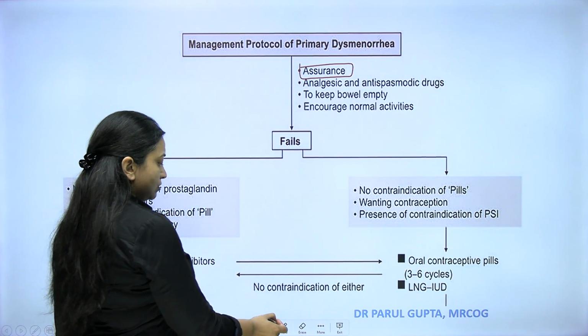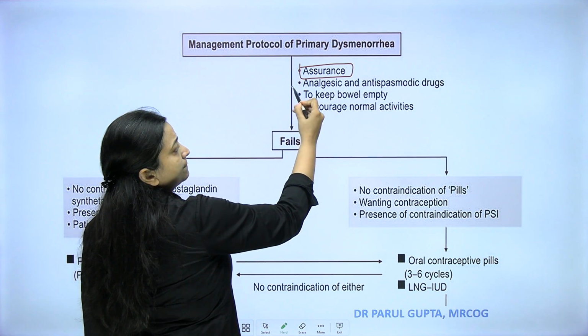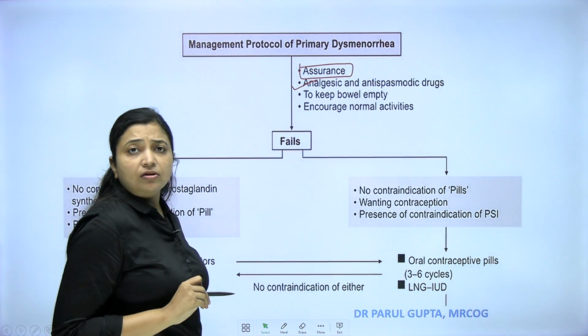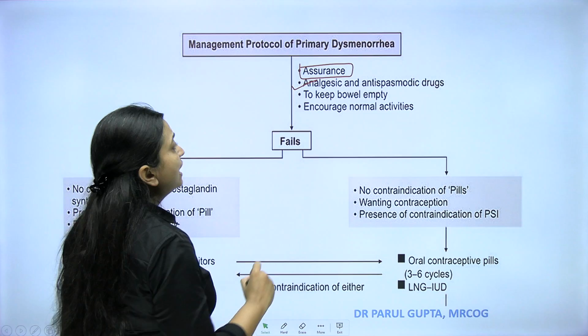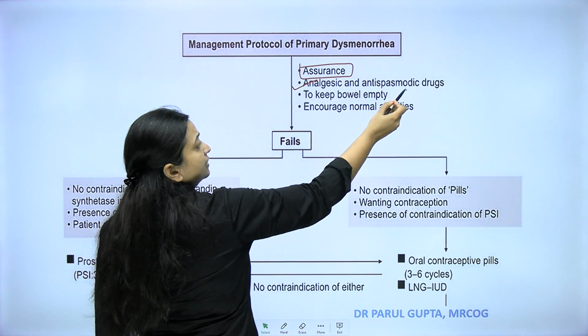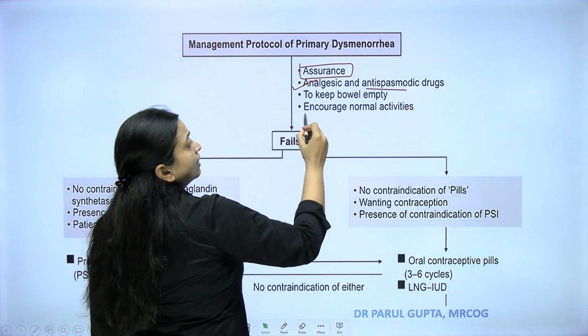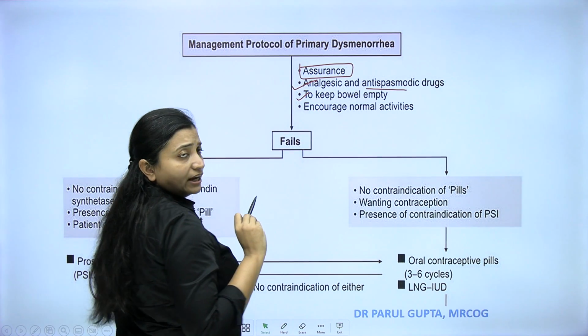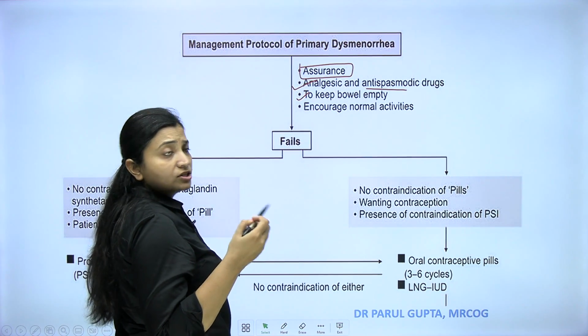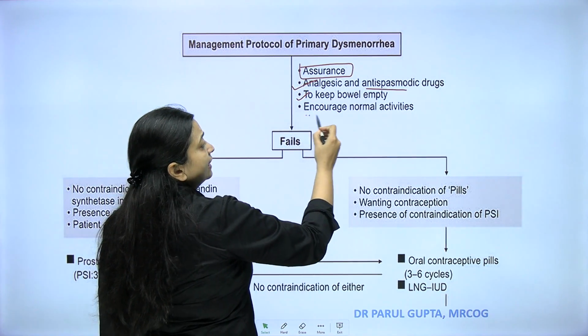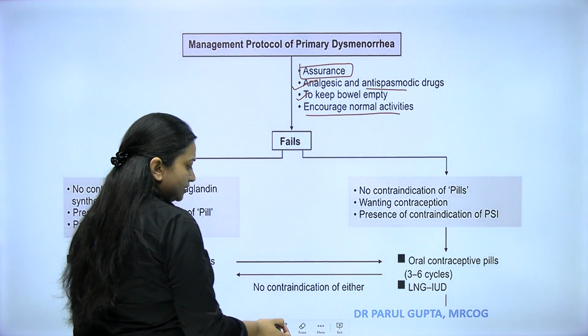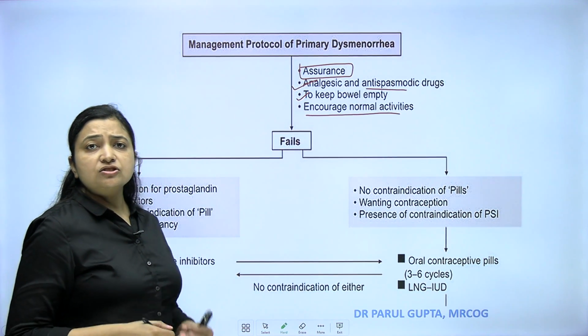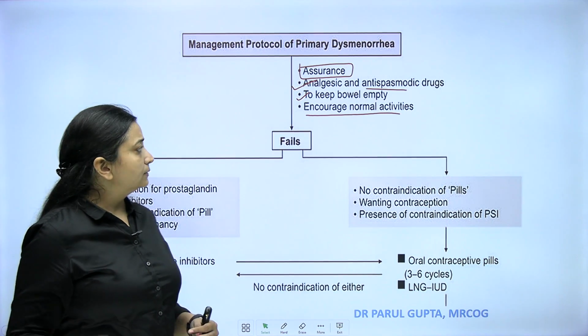But if she is not responding, we can start off with simple analgesic medicine, non-steroidal anti-inflammatory drugs, and anti-spasmodic drugs like dicyclomine. We should ask her to keep the bowel empty so there is no constipation and problems, and encourage normal activities. Ask her to continue her normal activities so that things become normal.